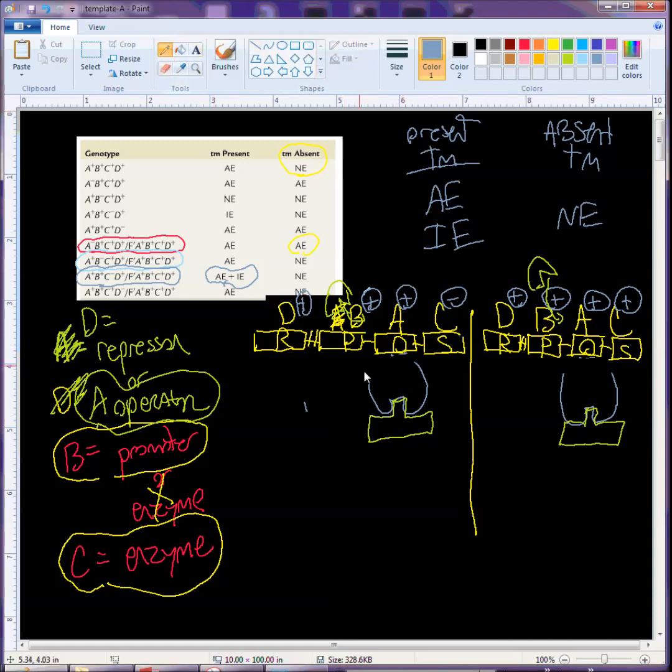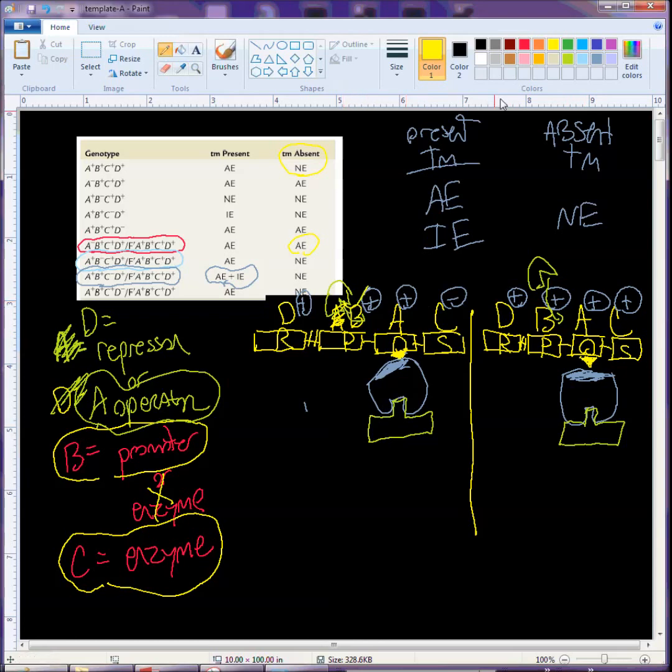Get my pen. Okay, allosteric shift, cannot bind the operator now. And it looks like it's bound, but it's not bound there. Okay, they're not bound. Now polymerase can transcribe.